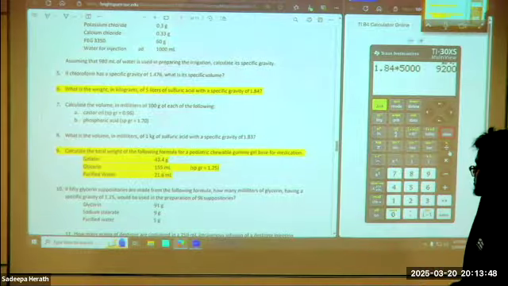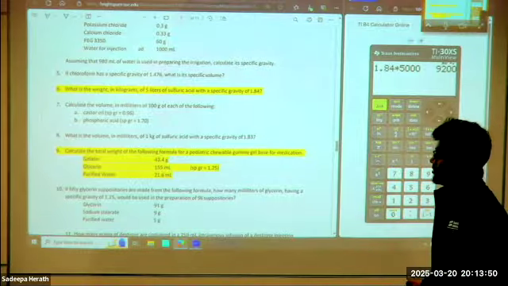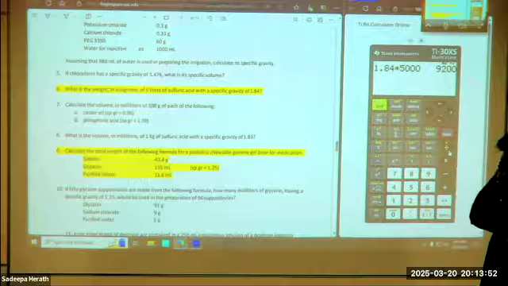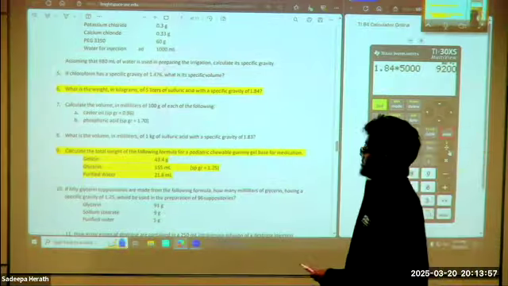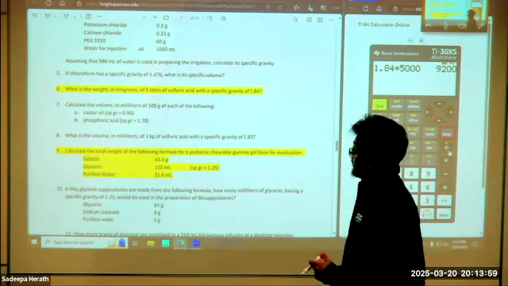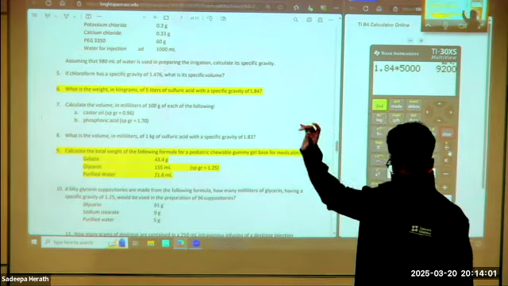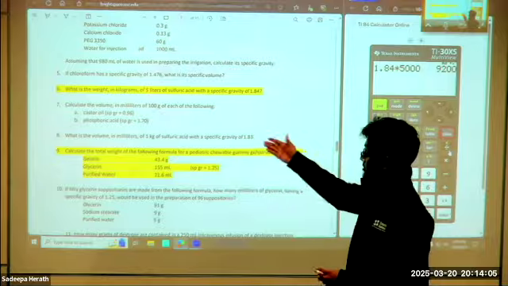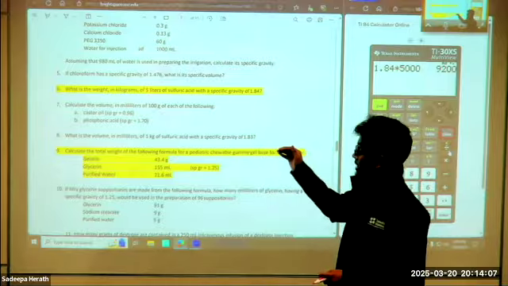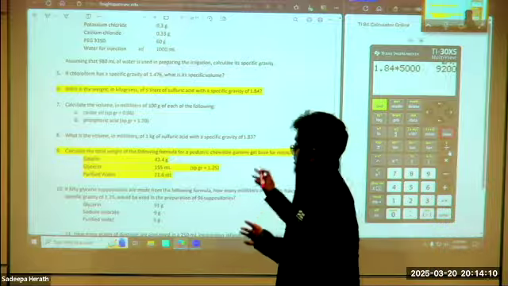And last question for this chapter. Calculate the volume in milliliters of 100 grams of each of the following. So they're giving us the weight of each substance, and they're giving us a specific gravity. So let's draw that pyramid again.